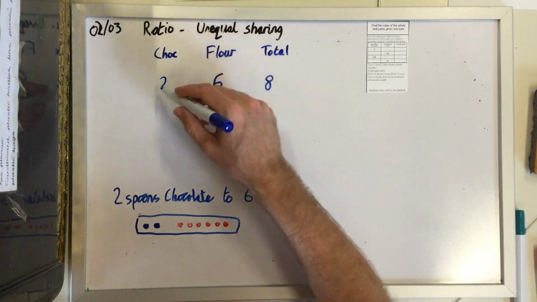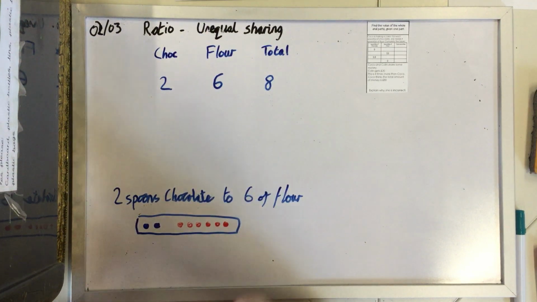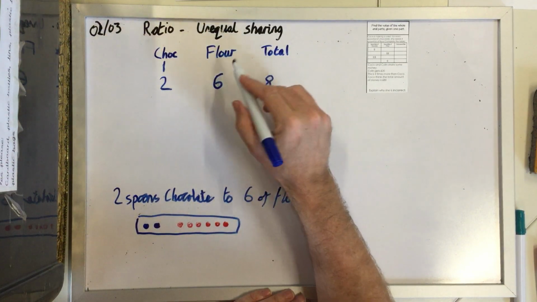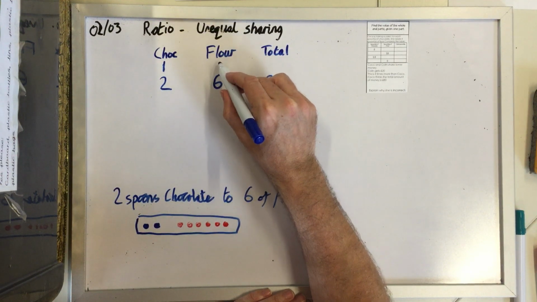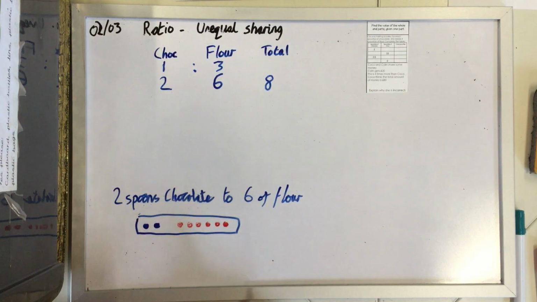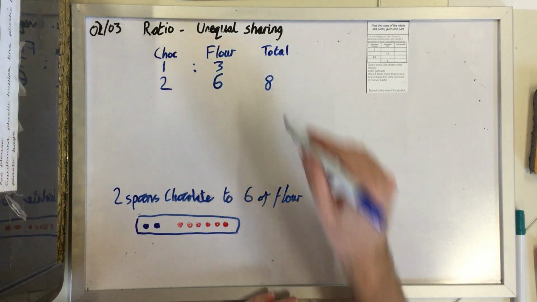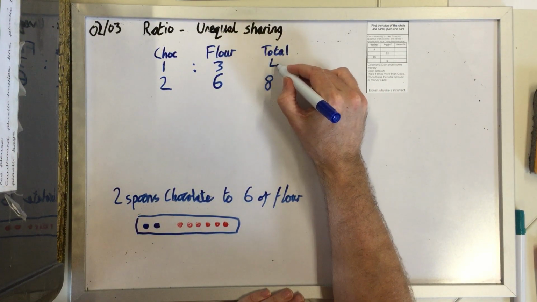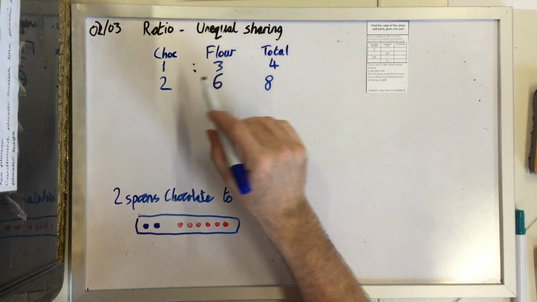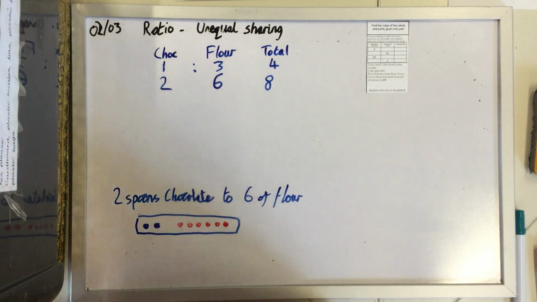Yeah, we can halve both of these, or divide both of these by 2, to get back to 1, and 6 divided by 2 is 3. So our actual ratio is 1 to 3, and the total parts would be 4. So 1 to 3, 2 to 6 is 8.